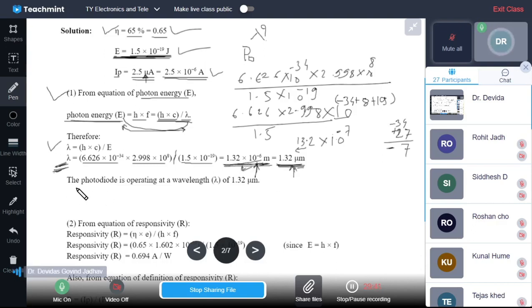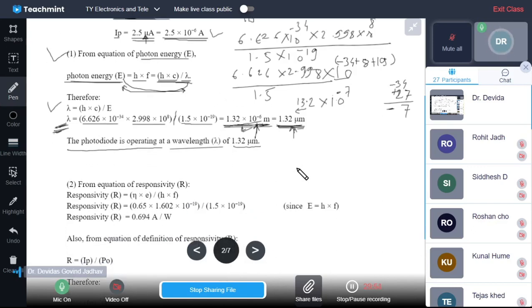So what is the answer? The photodiode is operating at a wavelength lambda equal to 1.32 micrometer.